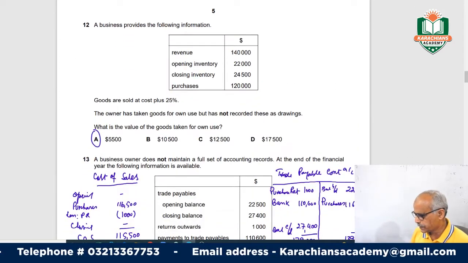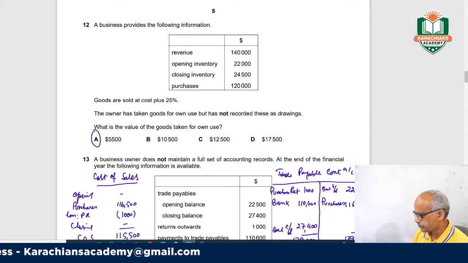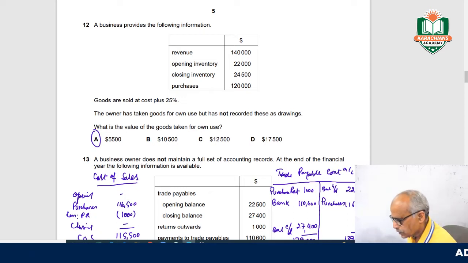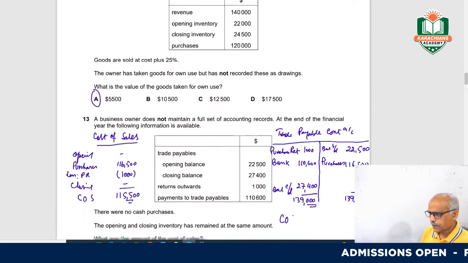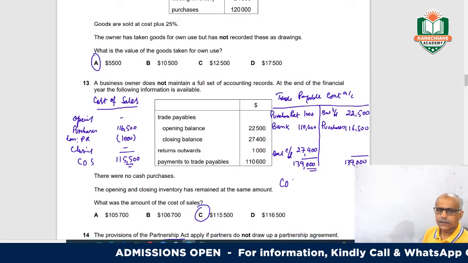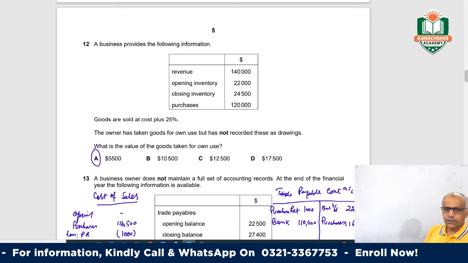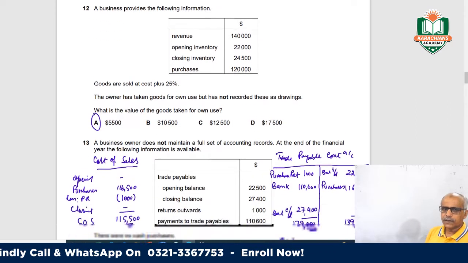What does question 12 say? Question number 12. A business provides the following information.